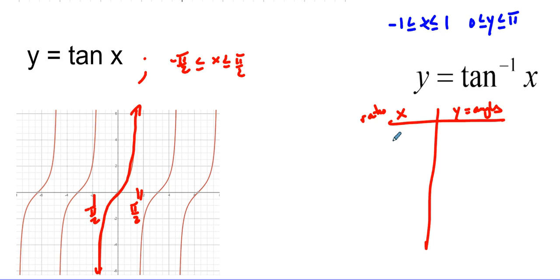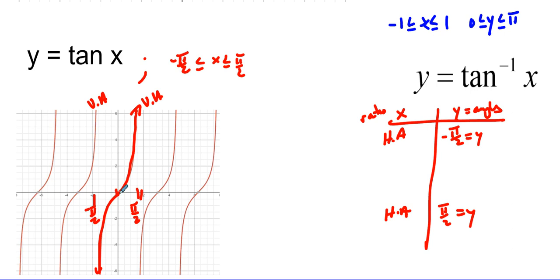This is going to be a horizontal asymptote at negative pi over 2, y equals that. And then we're going to have another one at pi over 2.